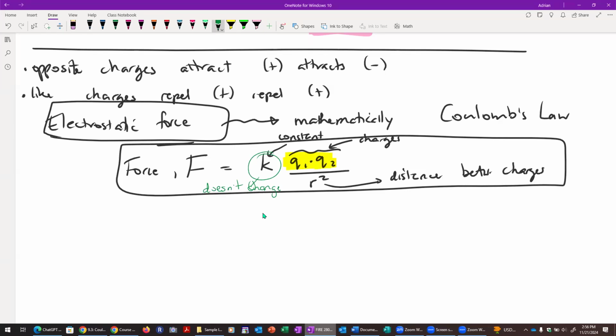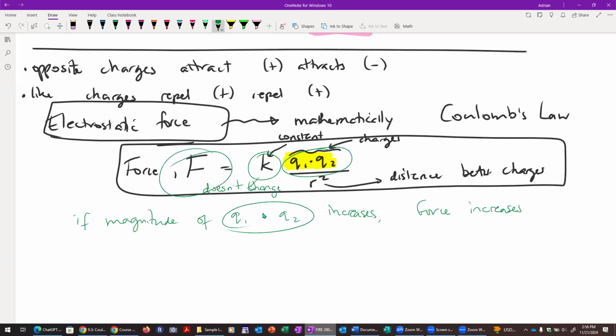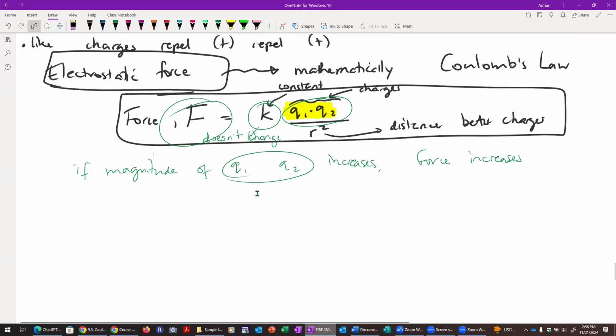So if the charges are in the numerator, so if the magnitude or the size of the charge Q1 or Q2 increase, well, then the magnitude of the force will increase as well, right? Because those two things are in the numerator. They're going to make the overall number here bigger, right? So as +1 versus +2, well, the +2 being a bigger number will have a much larger force, twice as much as one that's like +1, for example.